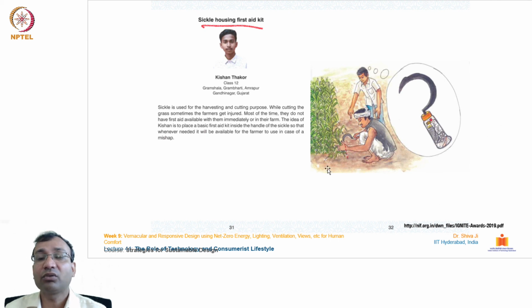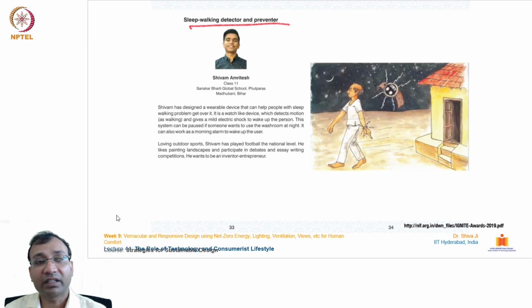And this is crucial time whenever any such medical emergency arises in the field. So why not have a first aid kit, a life saving kit, kept inside the sickle itself? This is a novel idea from this student, Christian Thakur, from Gujarat. Further, this idea has the potential to be developed into a full-fledged product, which will definitely help our farmers and people who are working in the field.